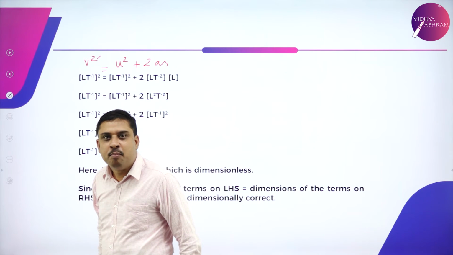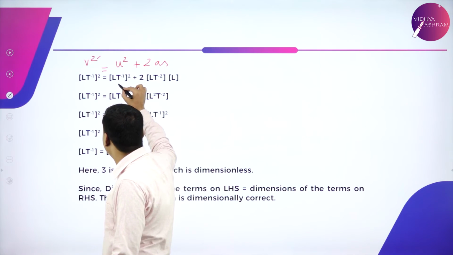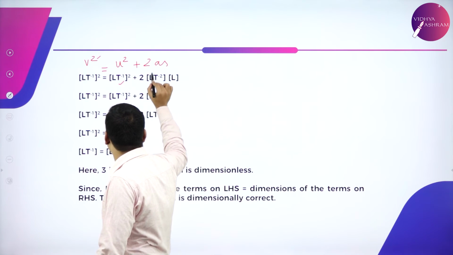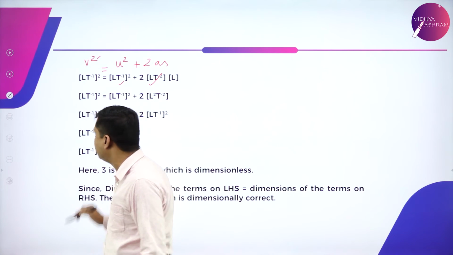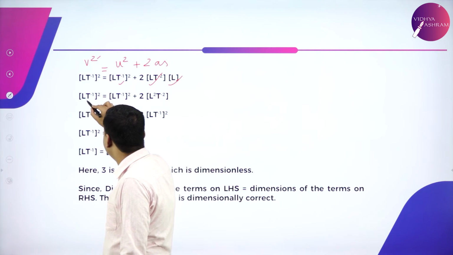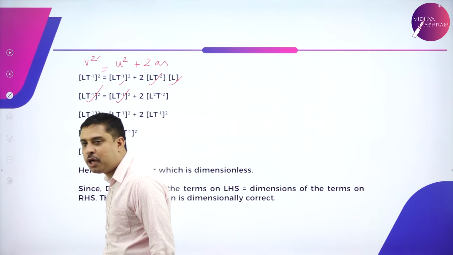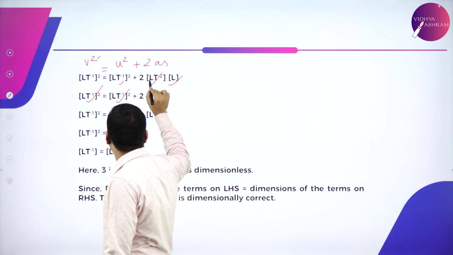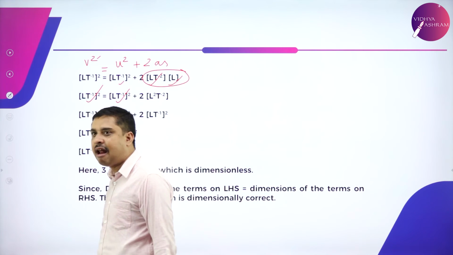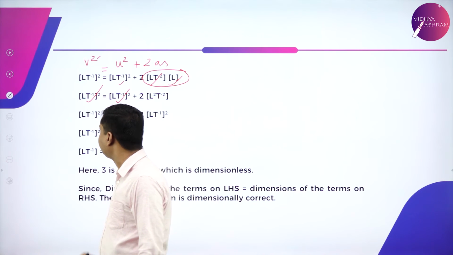So LT minus 1 whole square equals U square again, LT minus 1 whole square plus 2A, LT minus 2, S is L. Now, LT minus 1 whole square equals LT minus 1 whole square plus 2, L into L, L square, T minus 2. I have just simplified the last term.